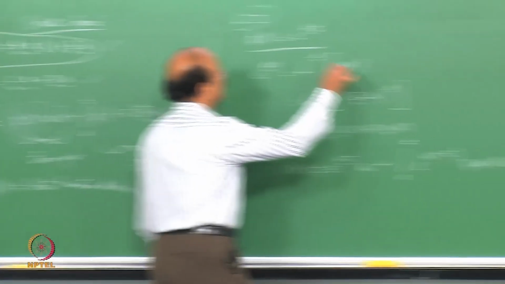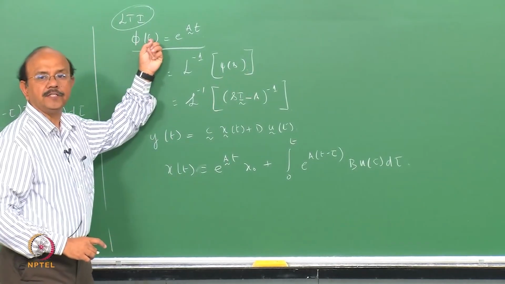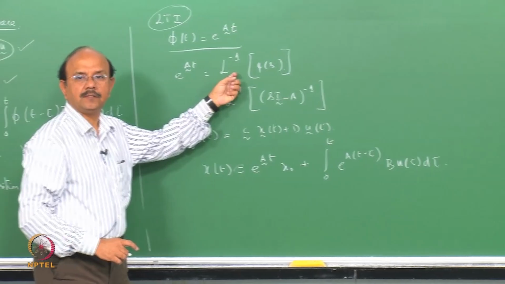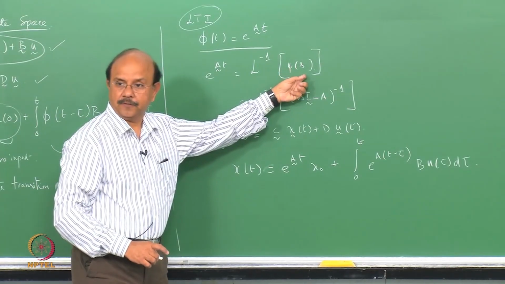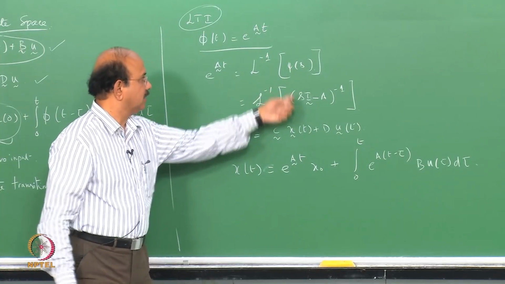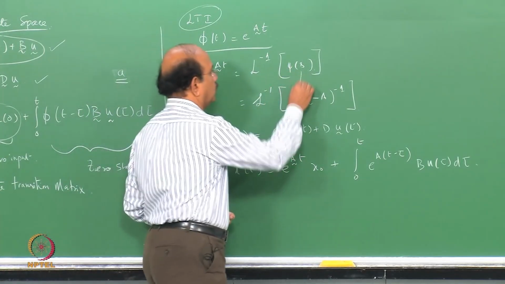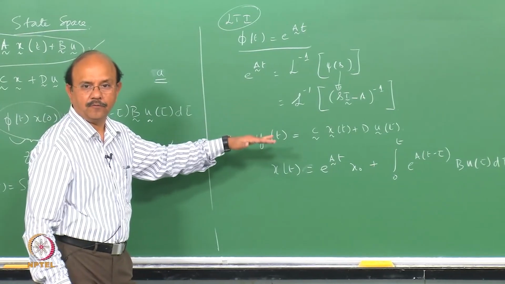And we remember that phi of t is the inverse Laplace transform of psi of s. Remember that, that's what we did. And in which case that expression now boils down to this expression. This is all we did before.